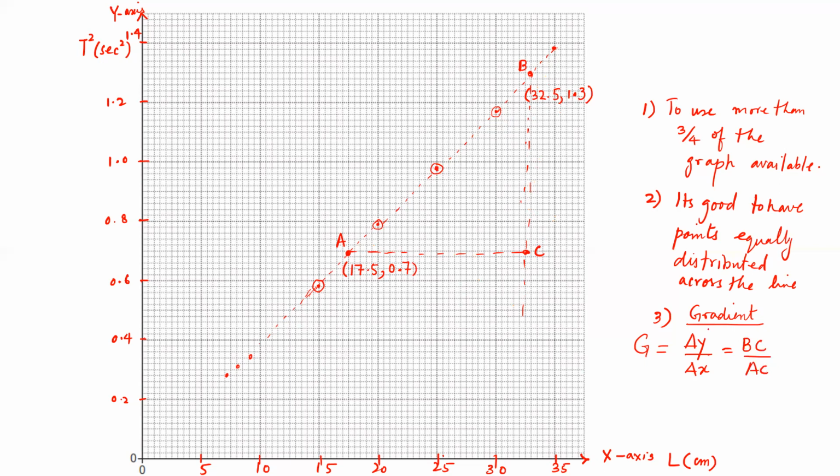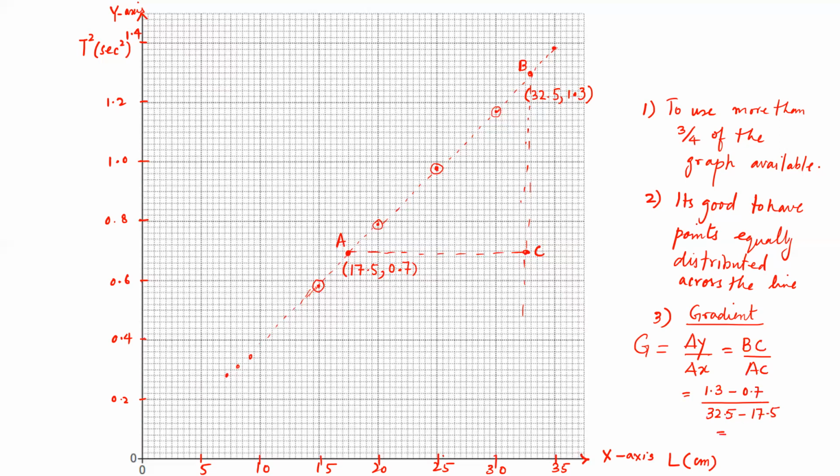So change in Y is BC divided by AC. Or you just simply find the slope of this graph, and that slope is delta Y, 1.3 minus 0.7 divided by 32.5 minus 17.5.